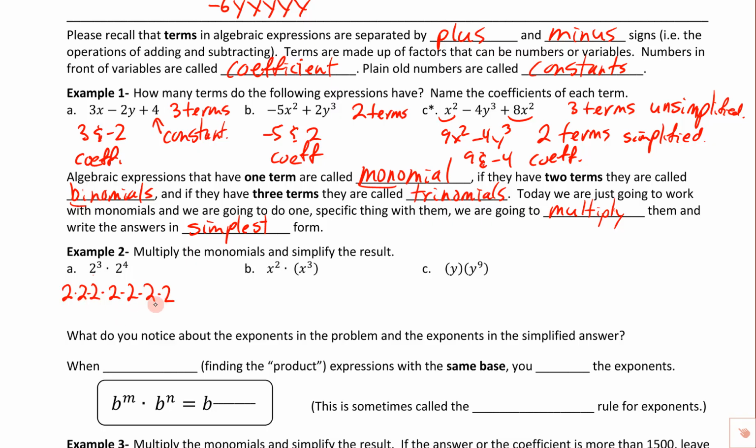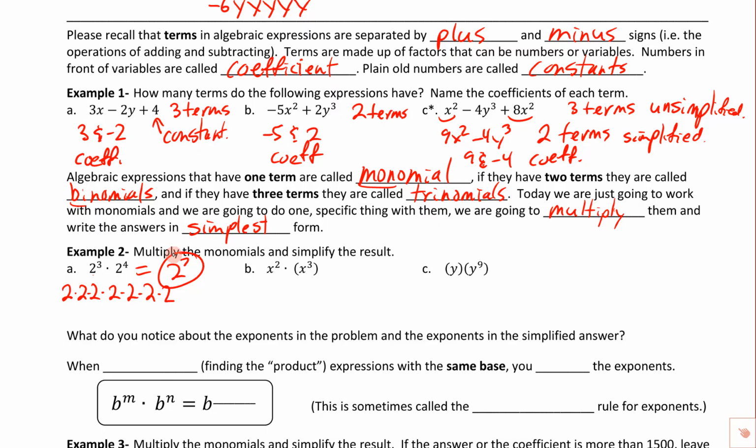Now, if you look at this, you might think, well, wait a minute. We're just repeatedly multiplying by 2 a whole bunch of times. Let's figure out how many times. So we're going to write down 2, and let's see. There's 3 here and another 4 there, so that would be 2 to the 7th. So I'm going to go ahead and circle that. We could write 128 if we wanted to, but for most of these, we're just going to leave them in exponential form. So we're going to leave them with the exponent there.